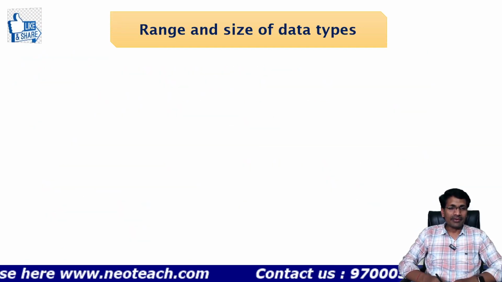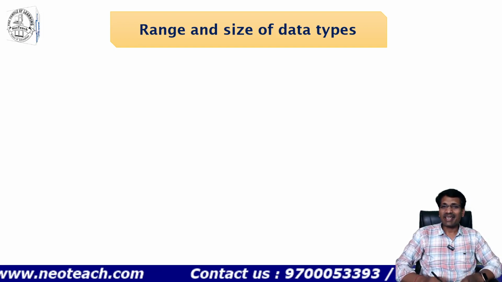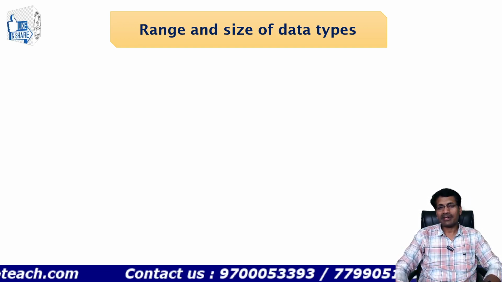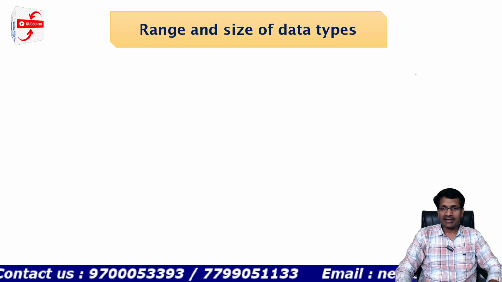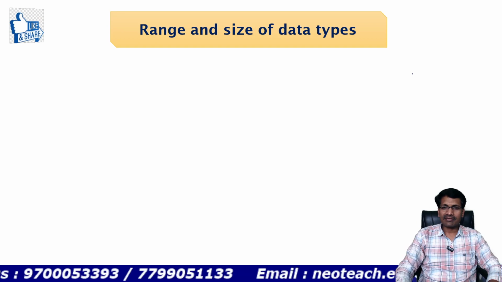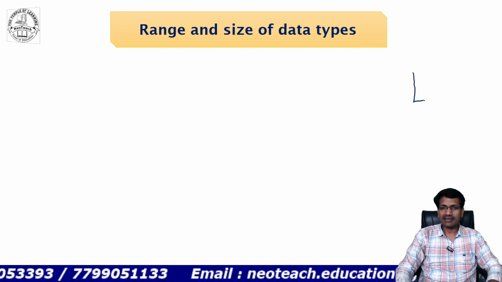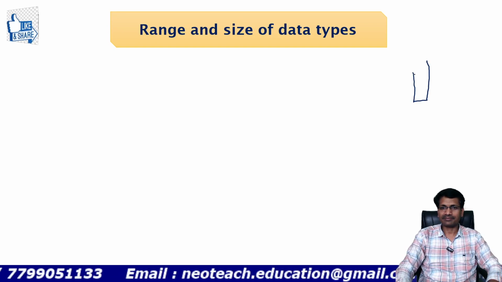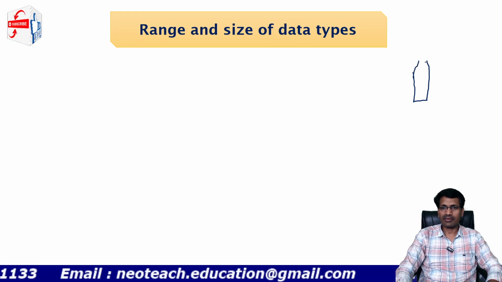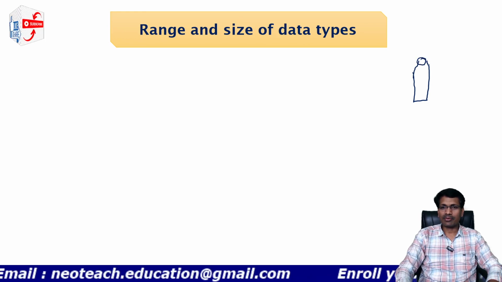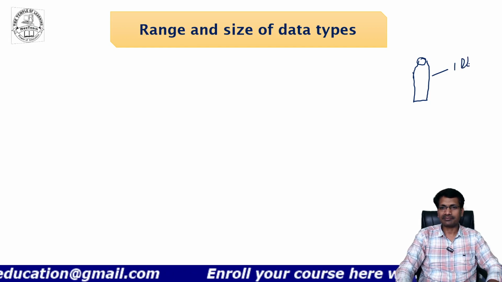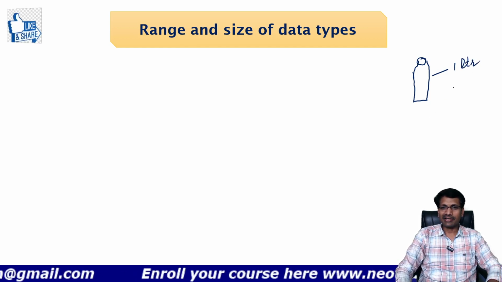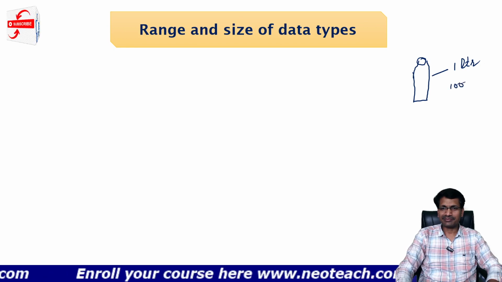Now we will discuss the range and size of data types. What do we mean by range and size? Let me give one example. Suppose we consider a water bottle. This water bottle's capacity is 1 liter, which means 1000 ml.